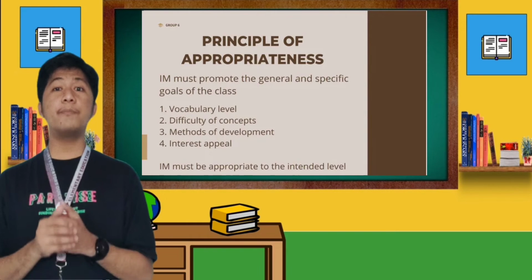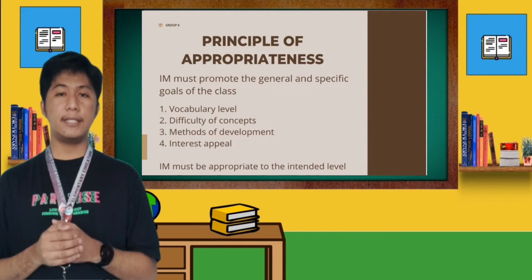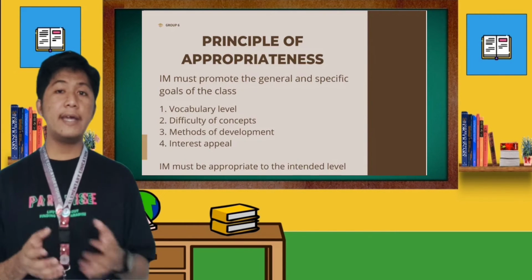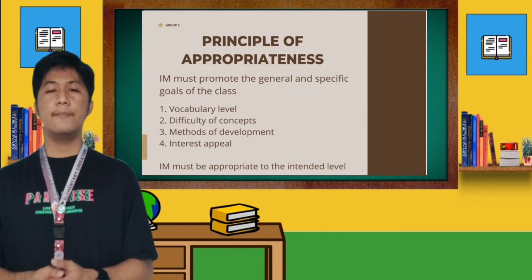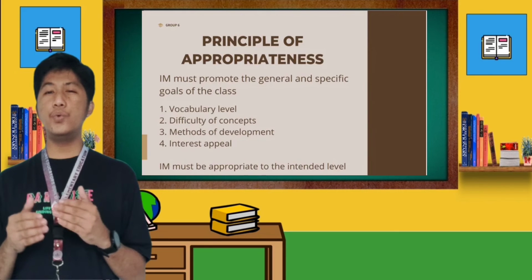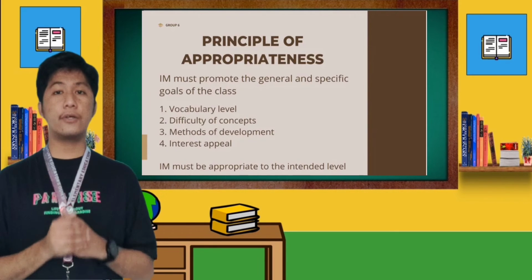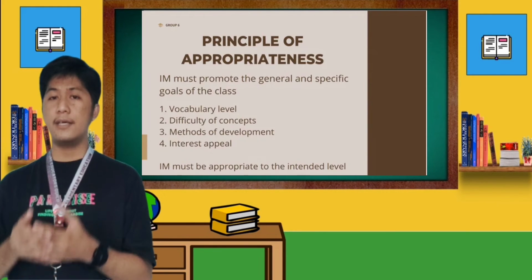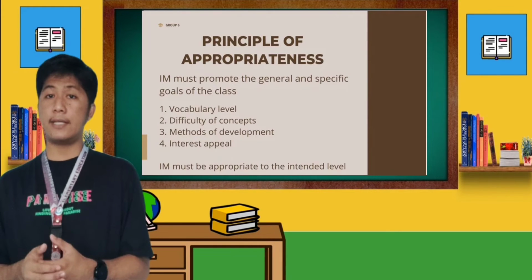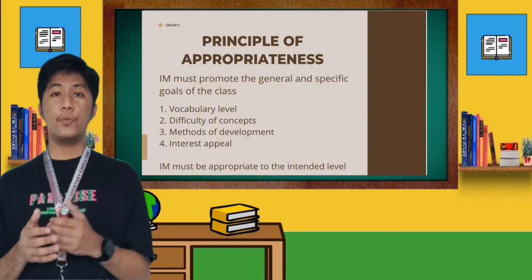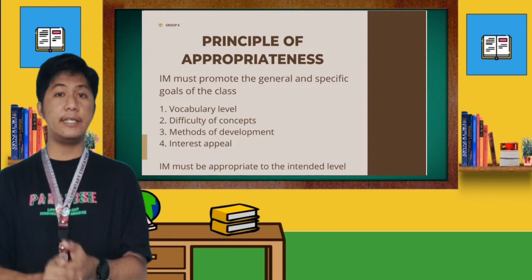Therefore, it is very important to consider the limits and boundaries of your IMs or your instructional materials. Do not try to do too much in a single course or in a single learning process. Again, instructional materials must be consistent with the students' capabilities and learning styles.